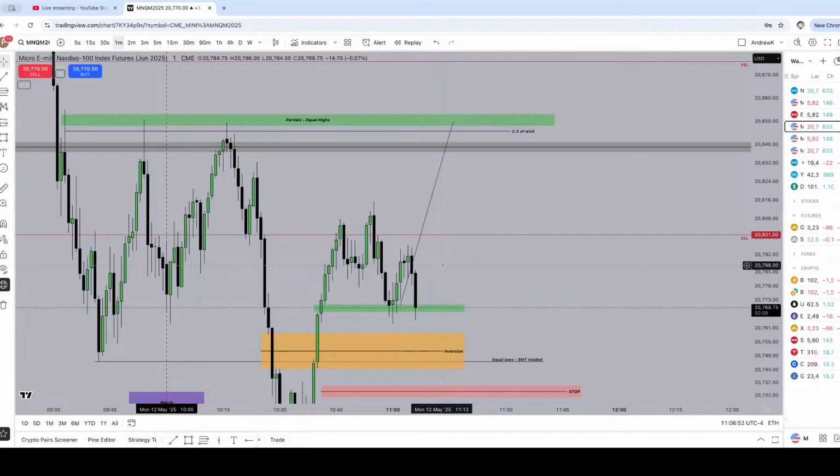This to me is to load up more shorts to throw the shorts offside. Some more adds into this position here. Still respecting the BISI. I'm at the BISI, sorry. Excuse me.